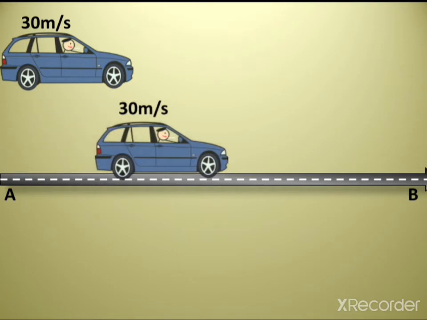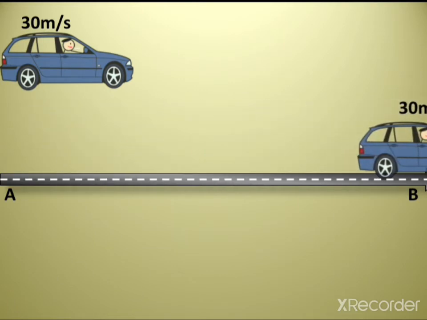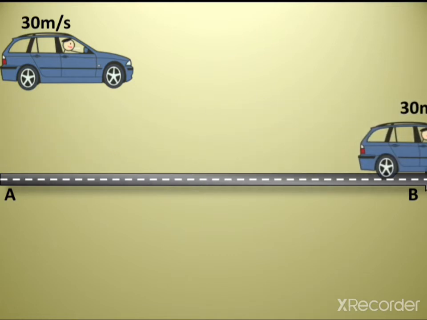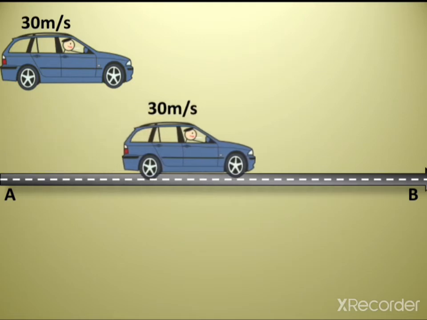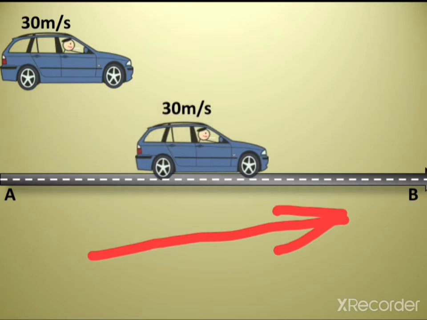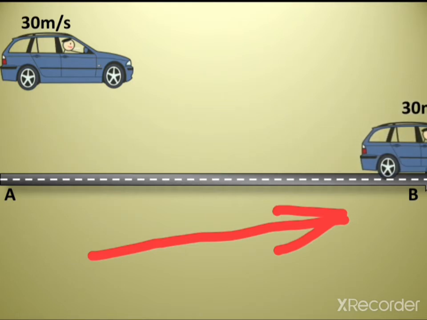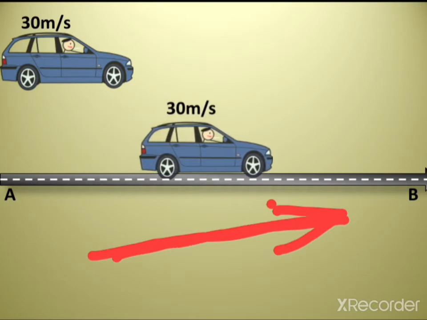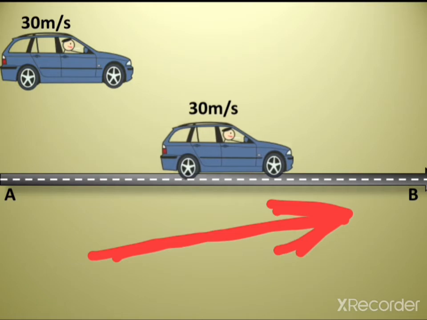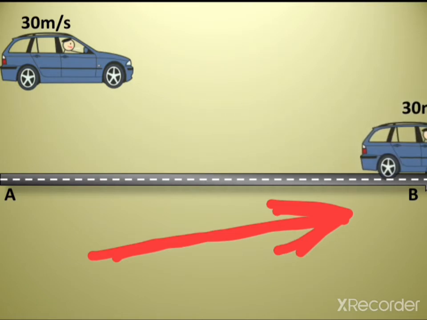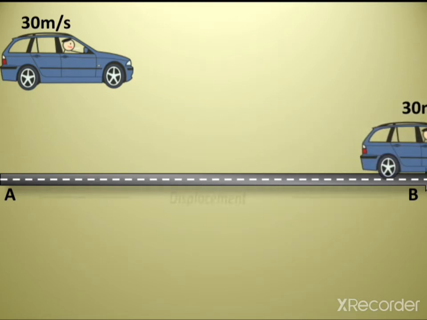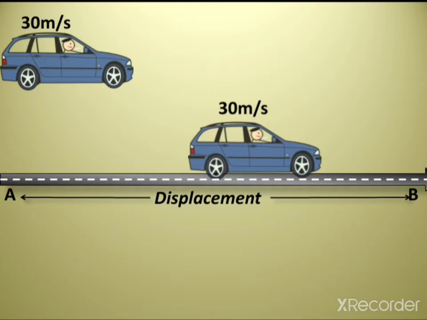Now, suppose you have the information that a car is moving from point A to point B in a particular direction. Then this path length AB covered by this moving body will be termed displacement.